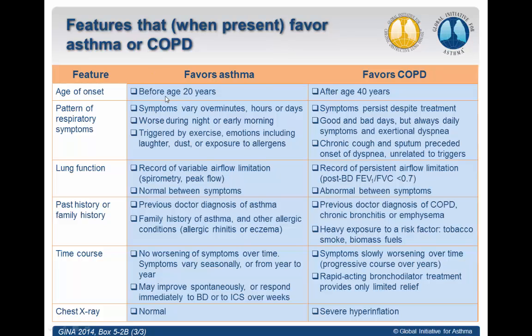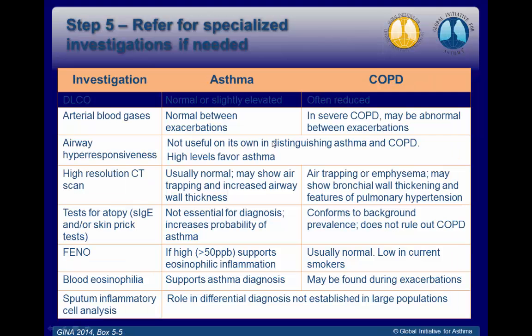So again, the same features that we have discussed, repetitive. In pulmonary function tests, the diffusion capacity of carbon monoxide is normal between exacerbations in asthma and is severely abnormal in patients that have severe COPD, or could be mildly reduced in patients that have mild COPD.